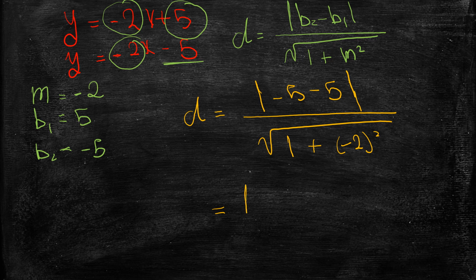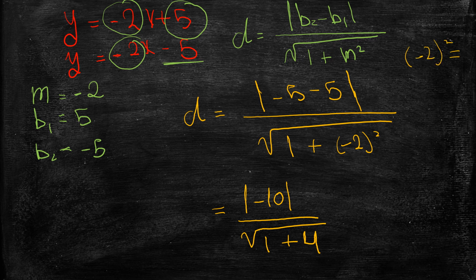So here we have the absolute value of minus 10 divided by the square root of 1 plus minus 2 squared is 4. Be careful. Minus 2 squared is 4. It's not minus 4. It is positive 4.